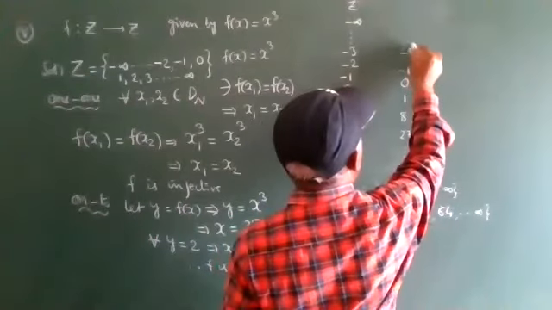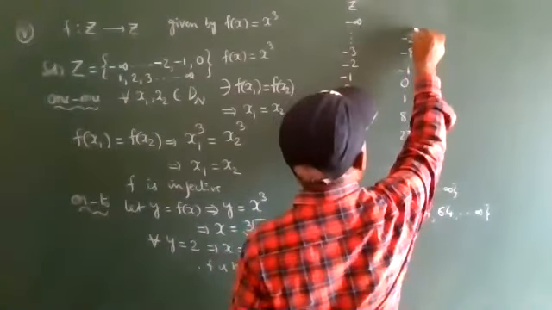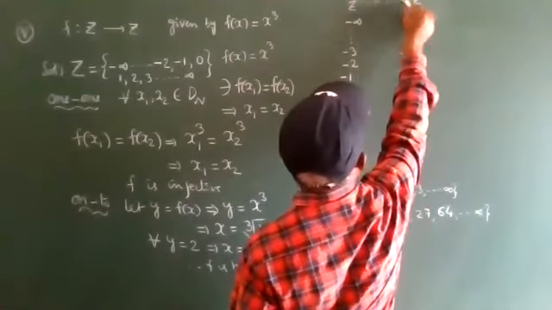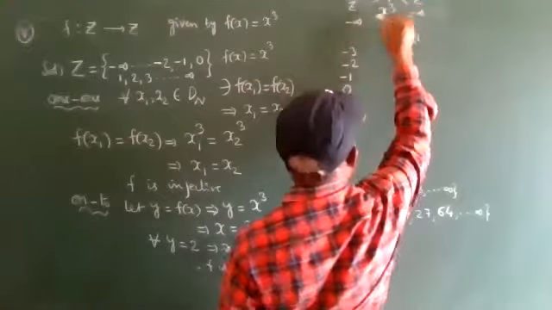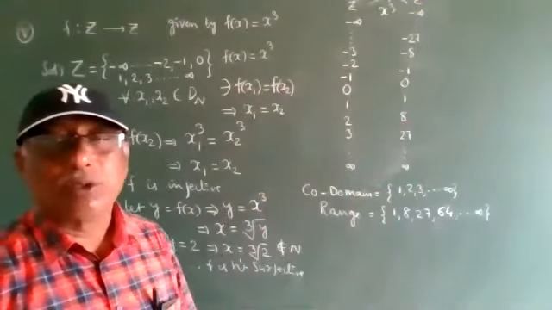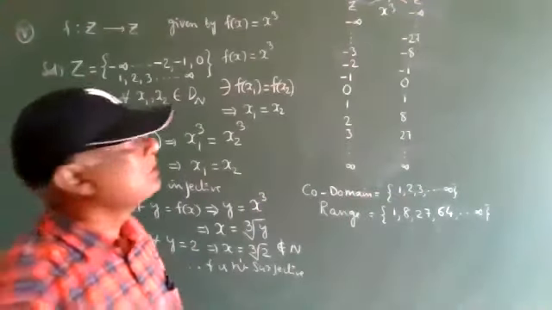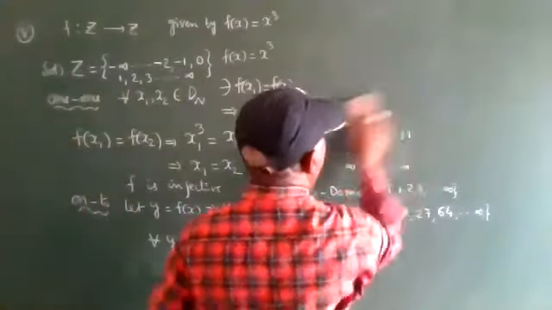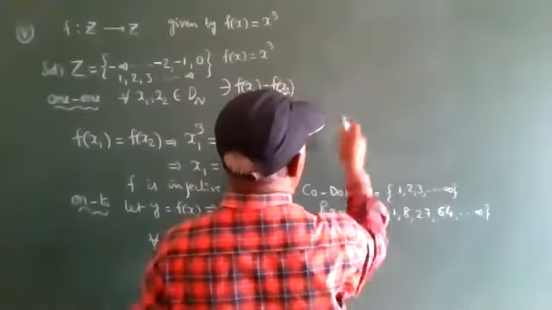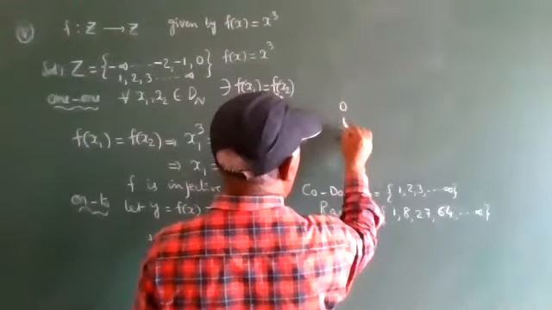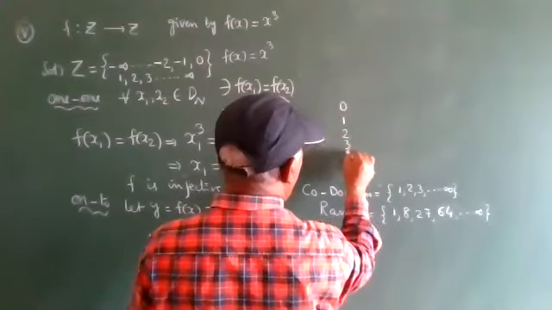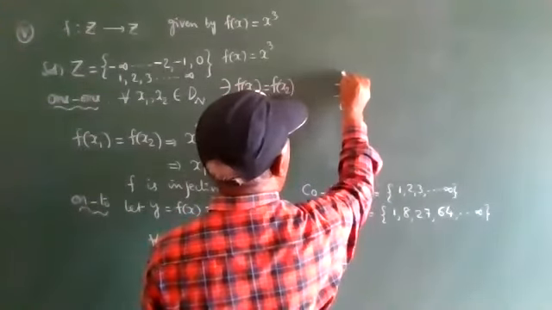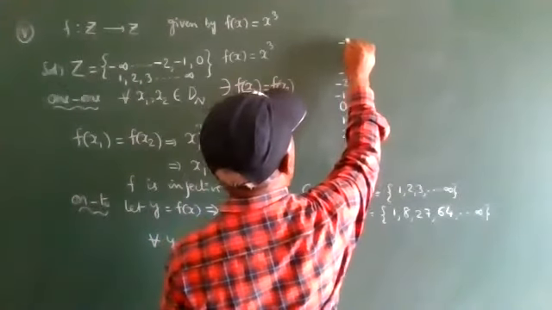-1, -8, -27, minus infinity. It is also Z. What is the relation? The relation is x cube. Here is the figure. I draw 0, 1, 2, 3 up to plus infinity, and -1, -2, -3 up to minus infinity.